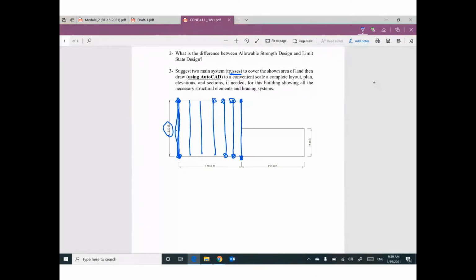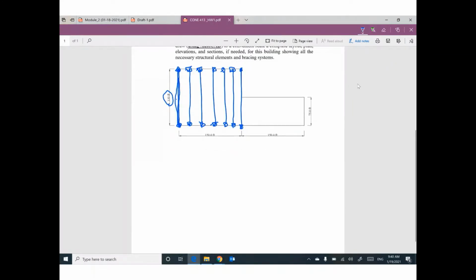Do you agree? The span of this truss will be 130. So I believe I can draw this truss like this. Probably fixed or hinged, whatever the supports. This total span will be 130 feet.